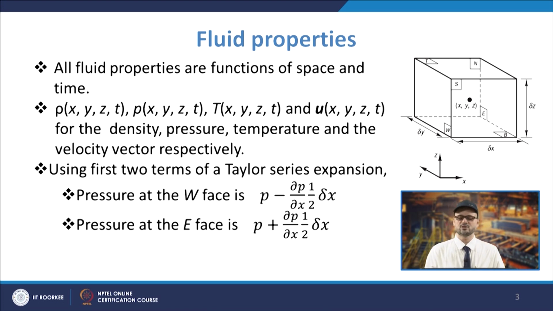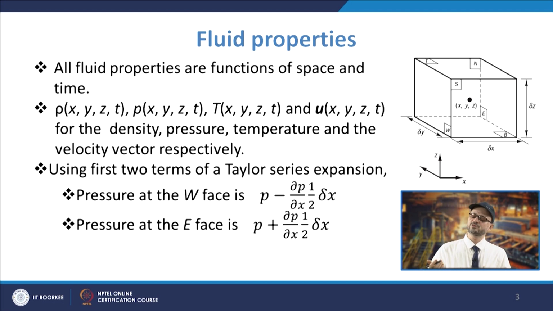They are all functions of space as well as time. So we define density as rho(x, y, z, t), a function of the space coordinates as well as time. Similarly, pressure is also a function of space and time, and so are the temperature and the velocity.